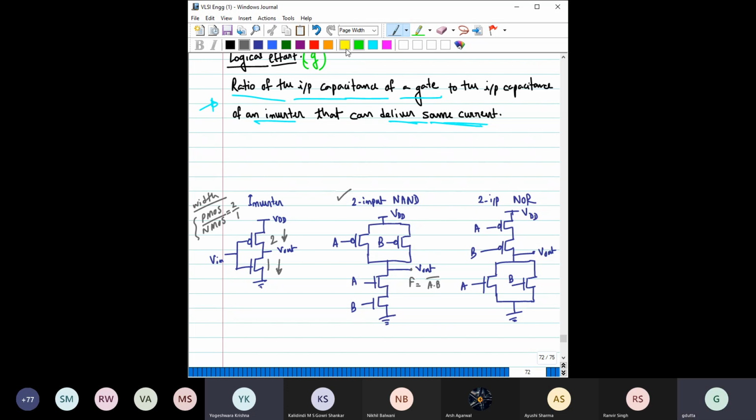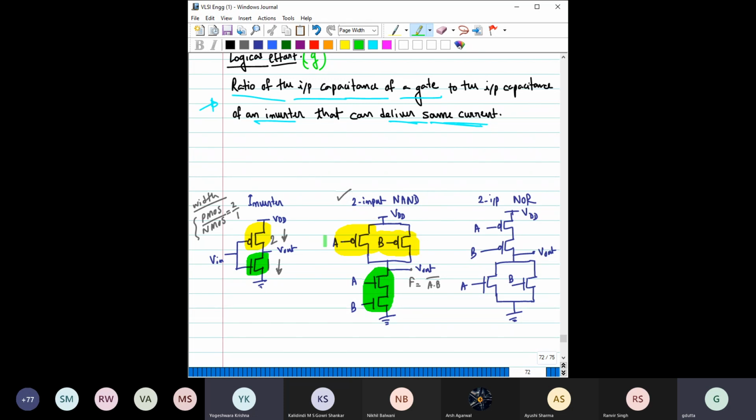Are you getting my point? The driving capability of this PMOS has to be the same as the driving capability of this. Similarly, the driving capability of this NMOS has to be the same as this.